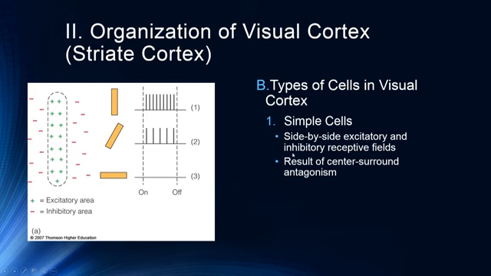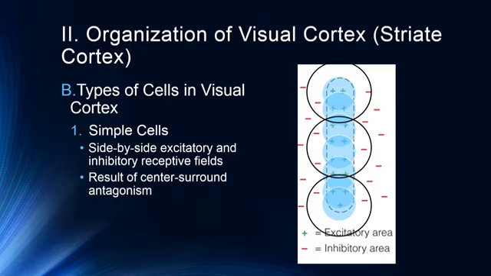One of the things I mentioned is that this type of simple cell receptive field is due to center surround antagonism. Essentially, we get input from multiple center surround cells, and when we get these overlapping receptive fields, we create this kind of bar shape that this simple cell will respond to. These have varying orientations based on their inputs.